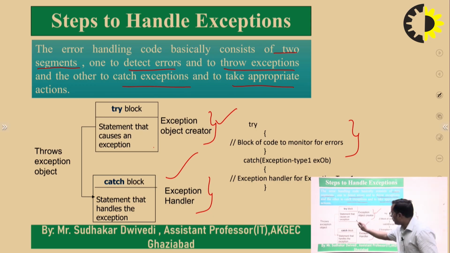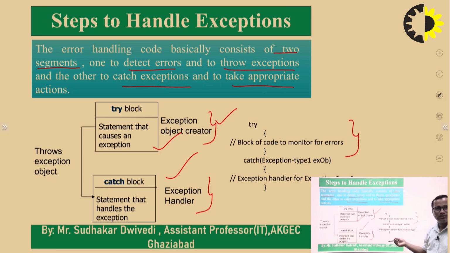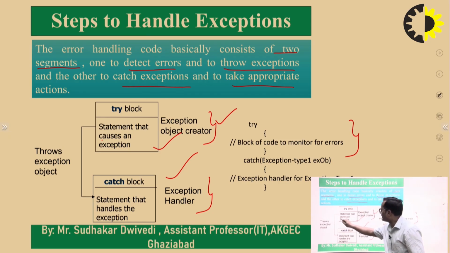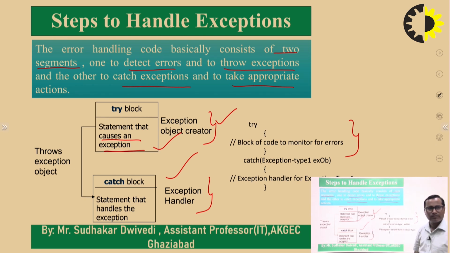In the try block, we will write all the code that may cause errors or exceptions. That means this block may have all the statements that cause an exception. So what have we learned? We have learned that exceptions can be managed by separately incorporating some error handling code into the programs.